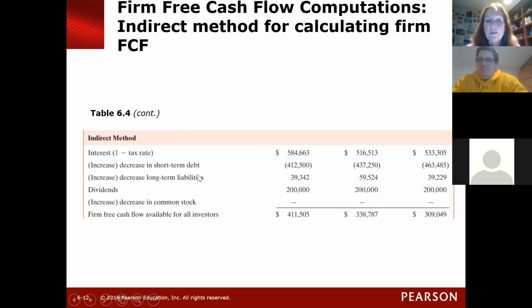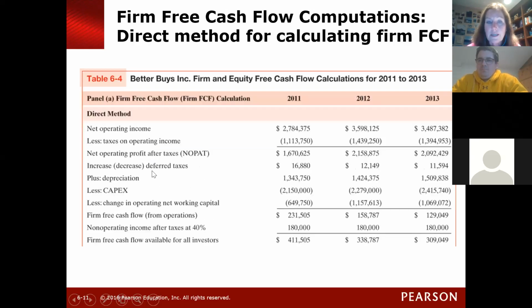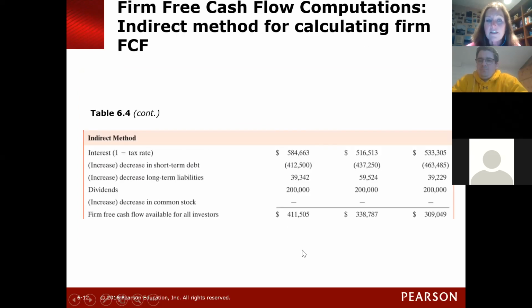So the indirect method will arrive at the same thing, because this is saying this is essentially your cash flow from assets, and then this is your cash flow to shareholders and debt holders. So what are the cash flows? It's your interest expense times 1 minus the tax rate. So you're taking into consideration the taxes. You want to look at the change in your short-term debt. In this case, if it's increasing, that's a source of cash. Change in your long-term liabilities.